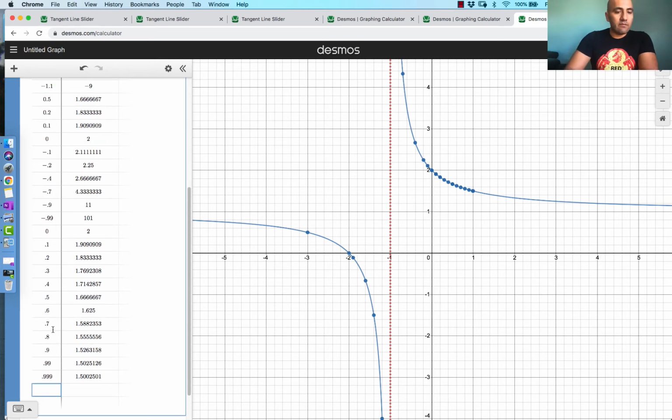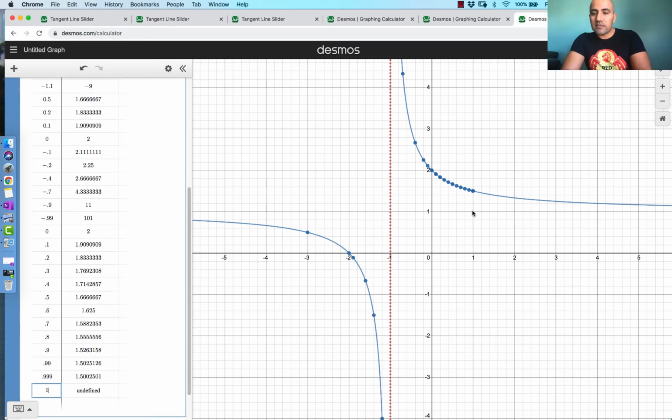So we can see from the values over here that as we get closer and closer to 1 from the left-hand side, the output values just seem to be going toward 1.5. Now if I just plug in 1, I'm going to get an undefined.